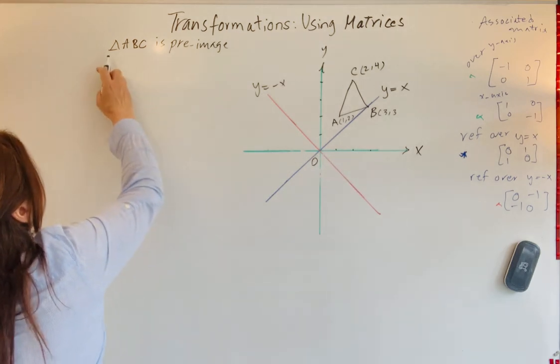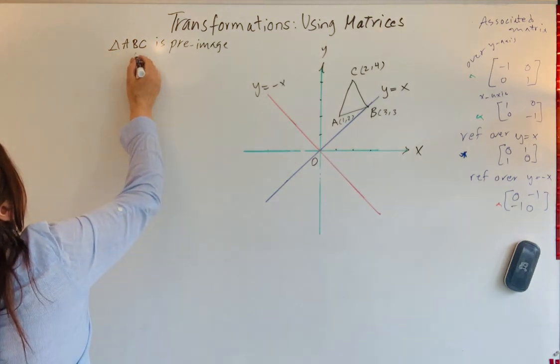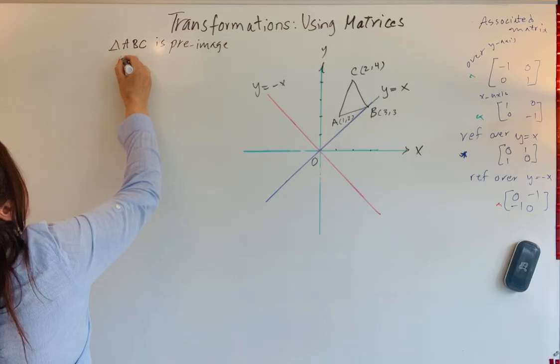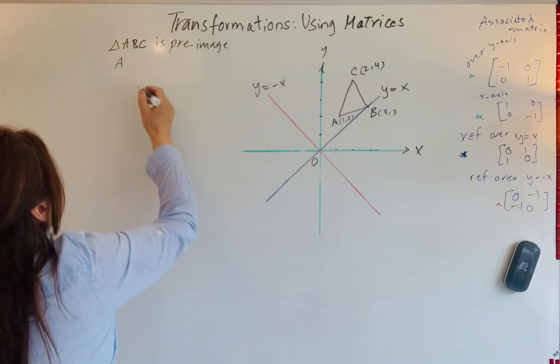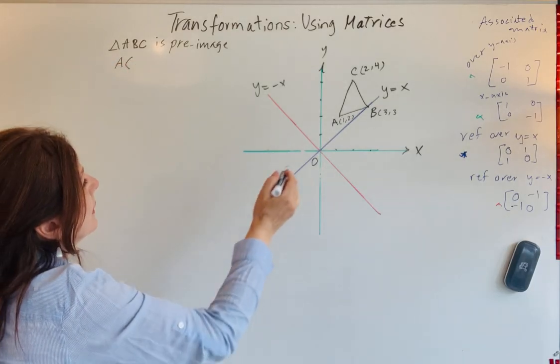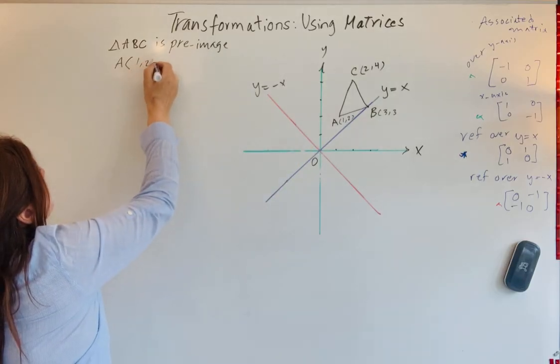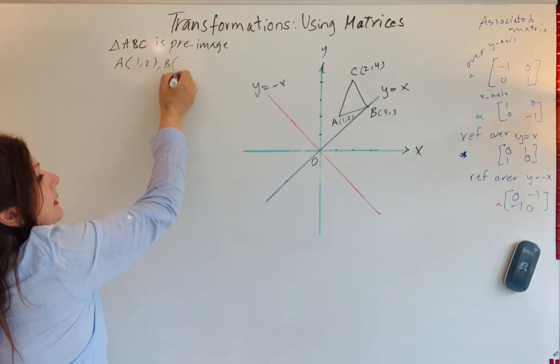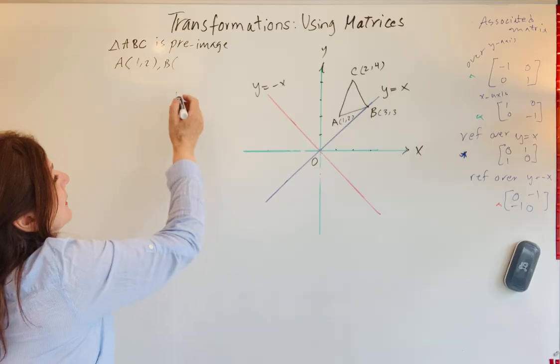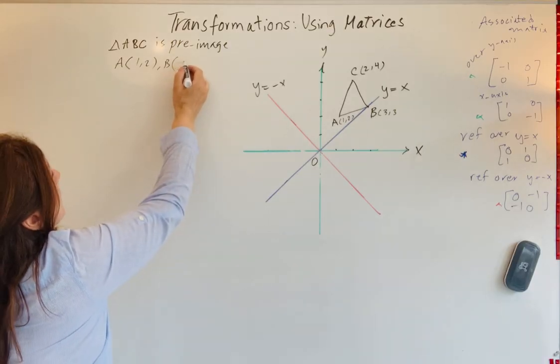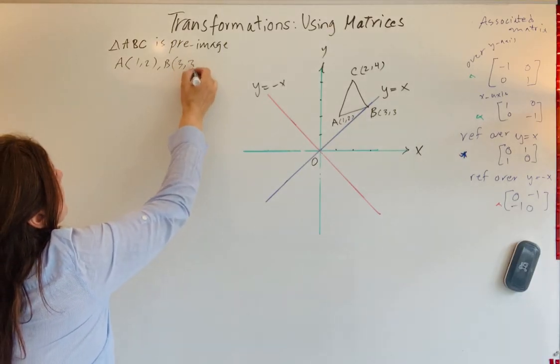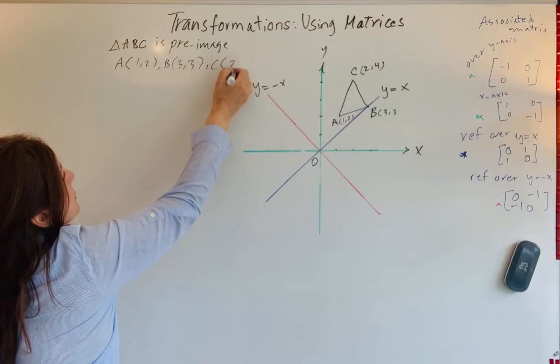The coordinates of the vertices of triangle ABC are: A is 1, 2, B is 3, 3, and C is 2, 4.